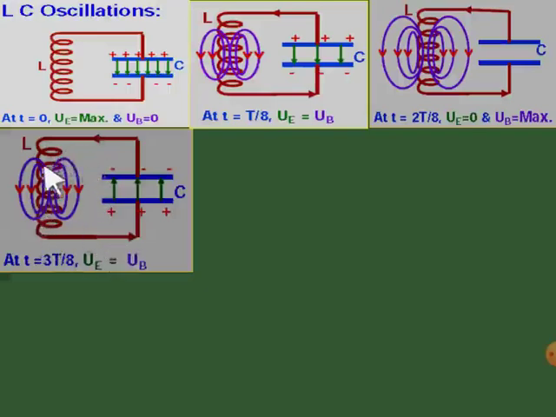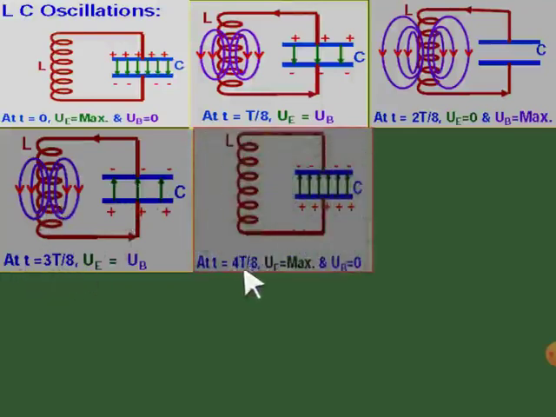So it will keep on charging, and the capacitor will be fully charged again, and there will be no magnetic field energy stored in the inductor. So at t equal to 4T by 8, that means T by 2, half of the process will be completed here.